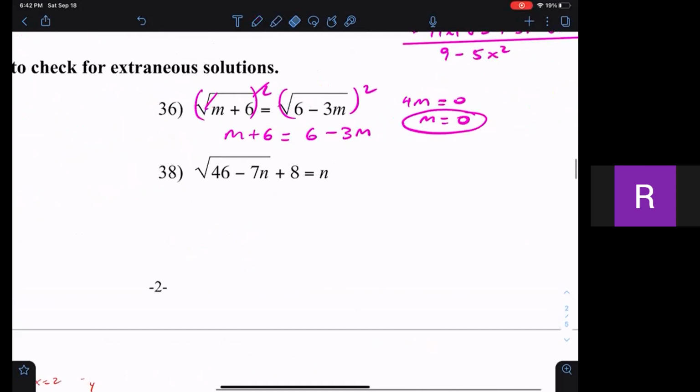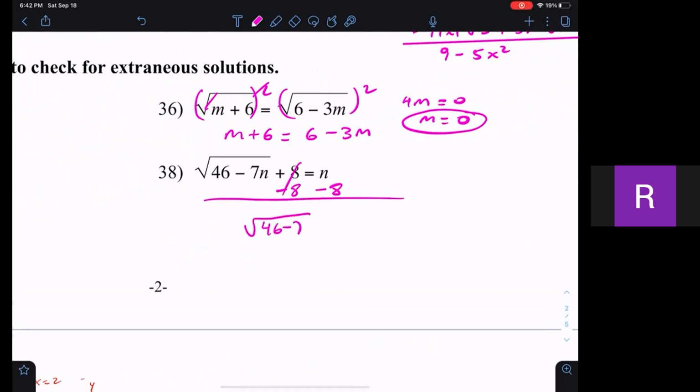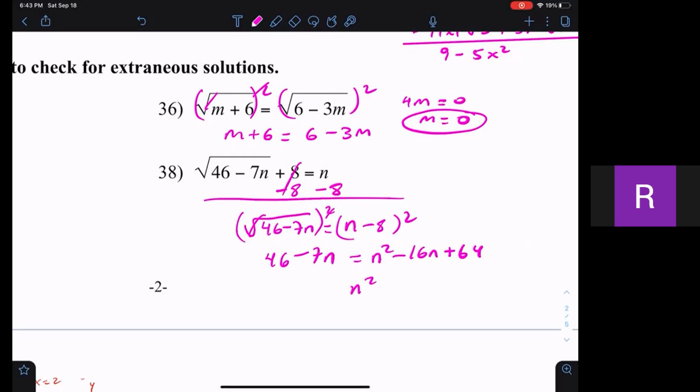Next, I have to subtract a in both sides. So this is 46 minus 7n equals n minus 8. Square both sides. 46 minus 7n equals n squared minus 16n plus 64. N squared, I add 7n in both sides.